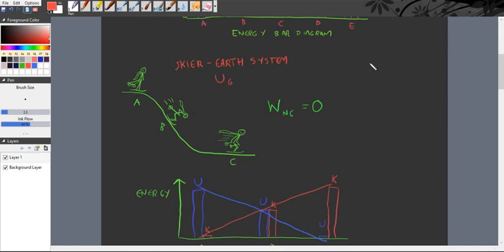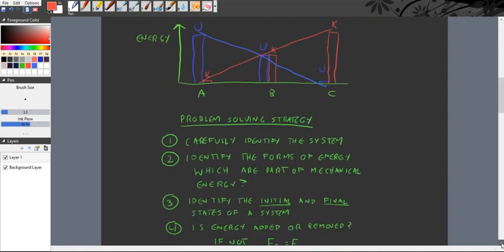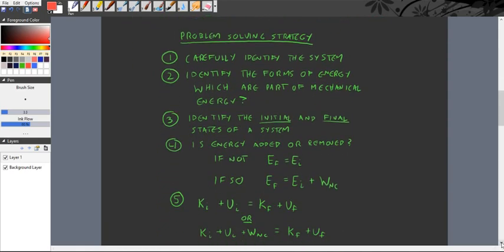If you want to think about it like this, the skier is here, all right, this is not to scale, and the Earth is here, and there's a gravitational attraction between them. It's a little bit like a spring. The higher up the skier goes, the more energy is stored, okay? And the farther down the skier goes, the more energy is released. But generally speaking, that's a technicality.